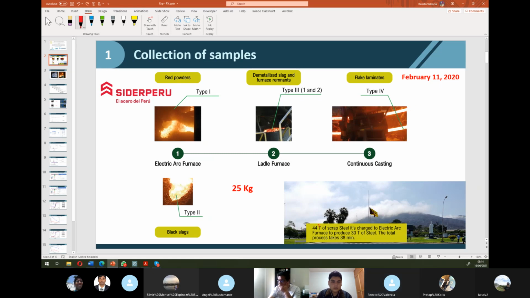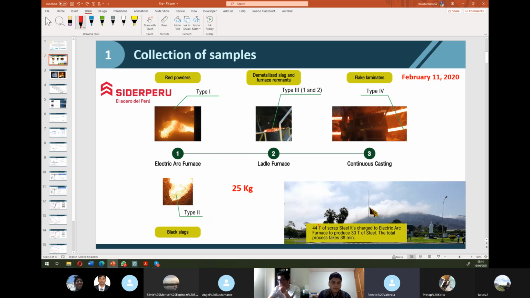These steel bars have flake laminates, and these flake laminates are the type 4 samples. So we have 5 samples: 2 from the electric arc furnace, 2 from the ladle furnace, and 1 from continuous casting.